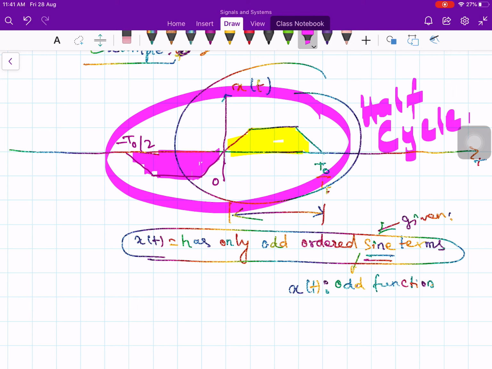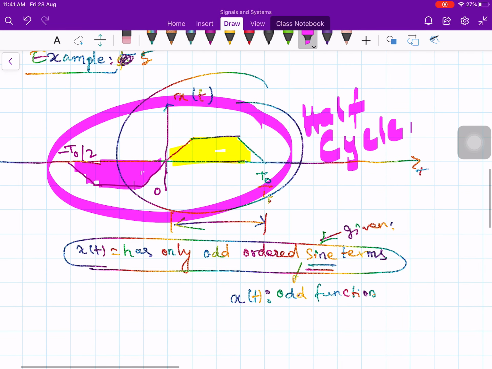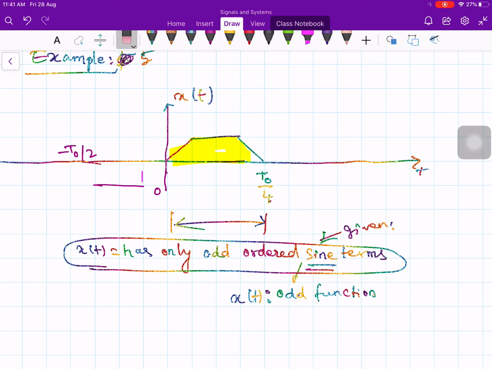Now let us finish the other half cycle. Now therefore the same thing repeats like this.